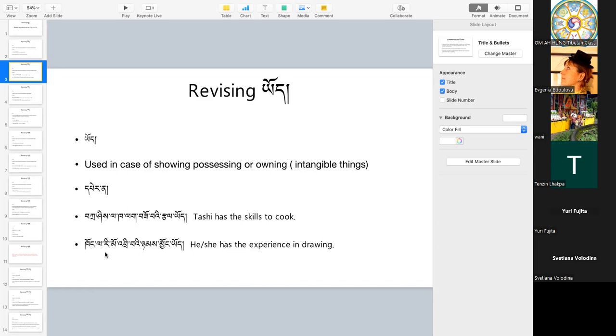So he possessed this experience, and the confirmation that he possessed this experience is done by this particle, yö. And it's a confirmation. So I'm repeating this word confirmation, because these words are words of confirmation, meaning that it is something that is within the knowledge of the narrator, or it's the confirmation of the observation of the narrator.